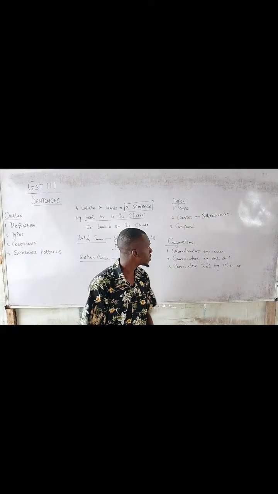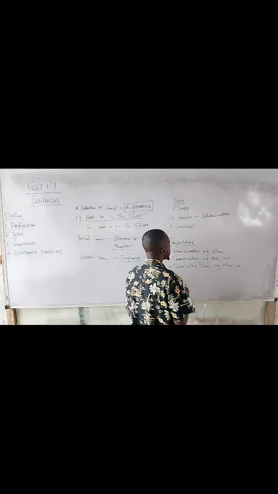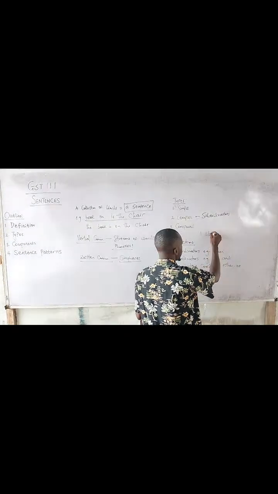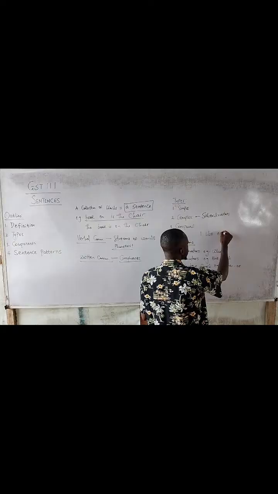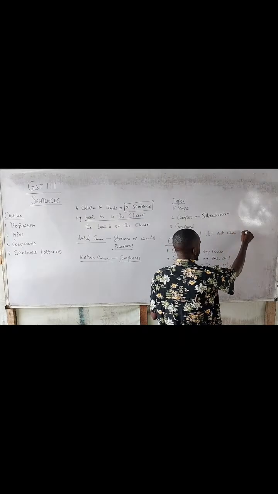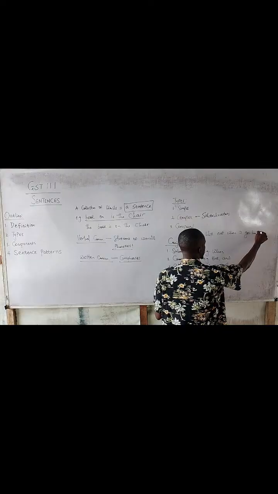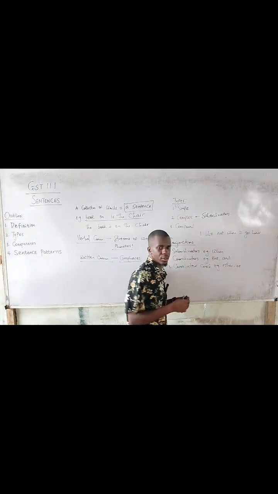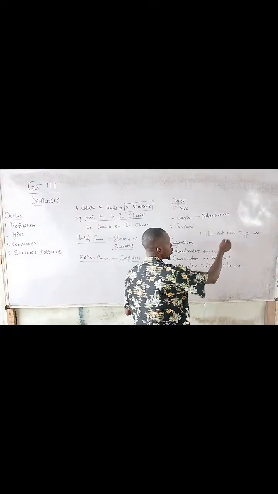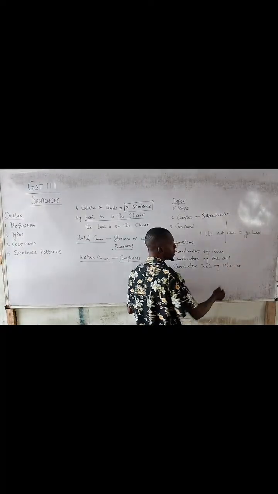Okay? So if I have, for example, a statement like I will eat when I get home. I will eat when I get home. You observe that we have two parts here.